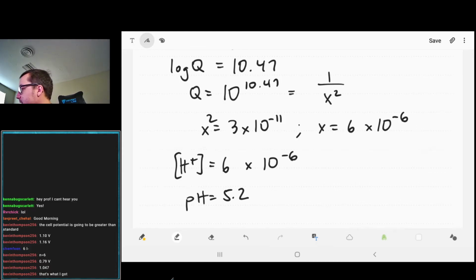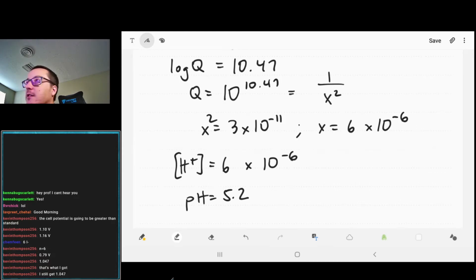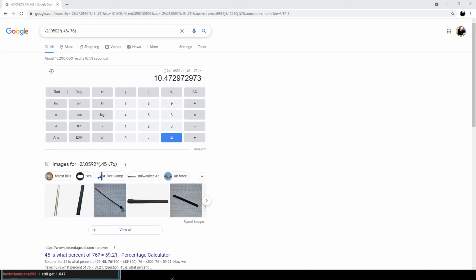So, lots of fun stuff we can do with these. All right, here we go. Google time. Something's gone wrong here. So I do get this when I plug it all in. Just make sure that this 0 might not have gone missing in your calculation.